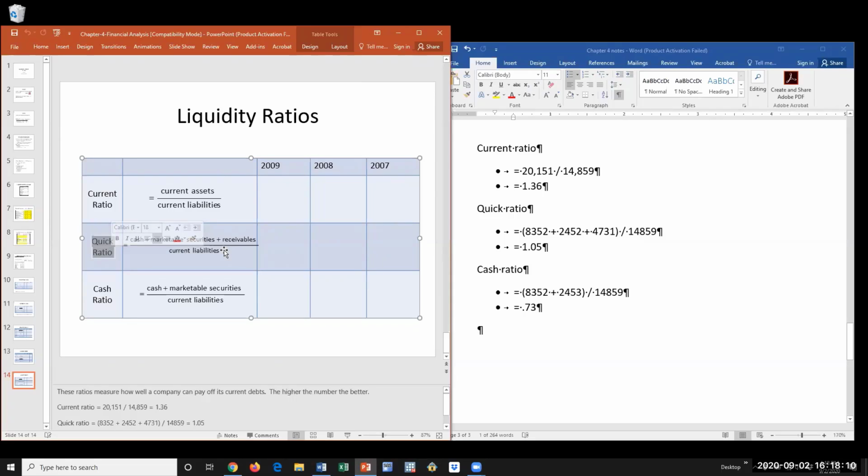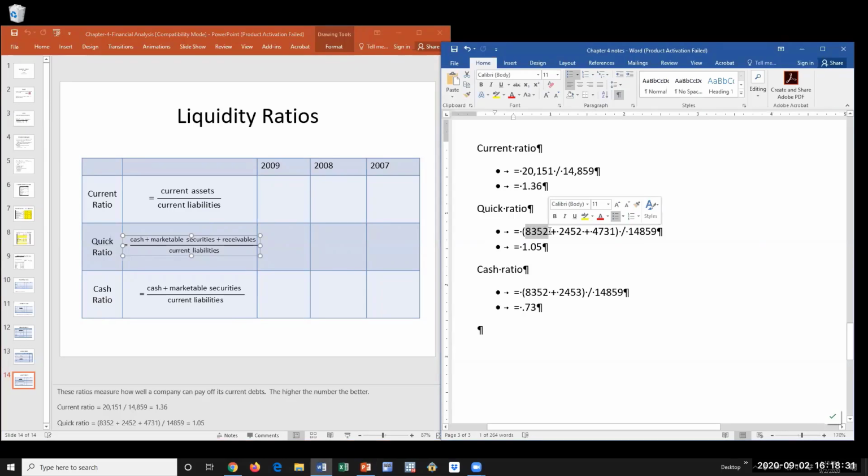And so that's why some banks realize that not all inventory can be converted into cash over the next year. So that's why we have this quick ratio. Quick ratio takes all the other current assets except inventory into account and calculates the same thing again. So now we have cash from the balance sheet.